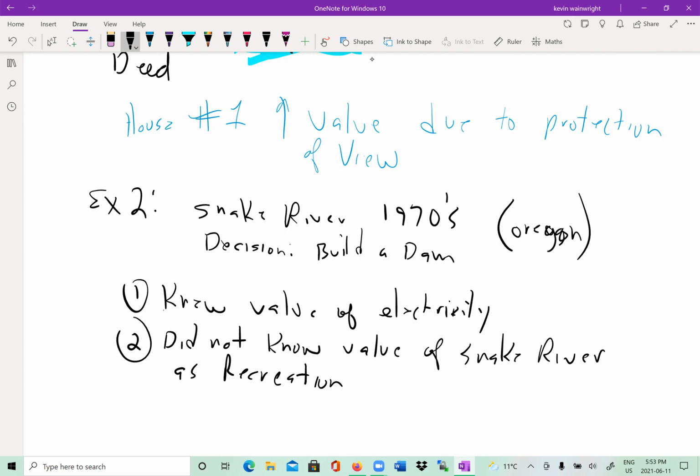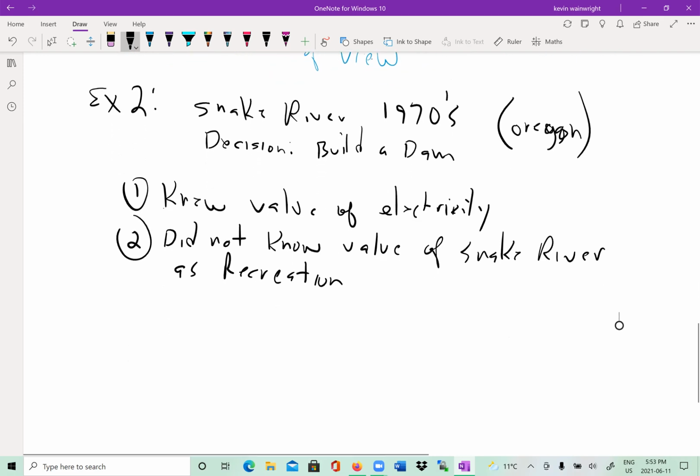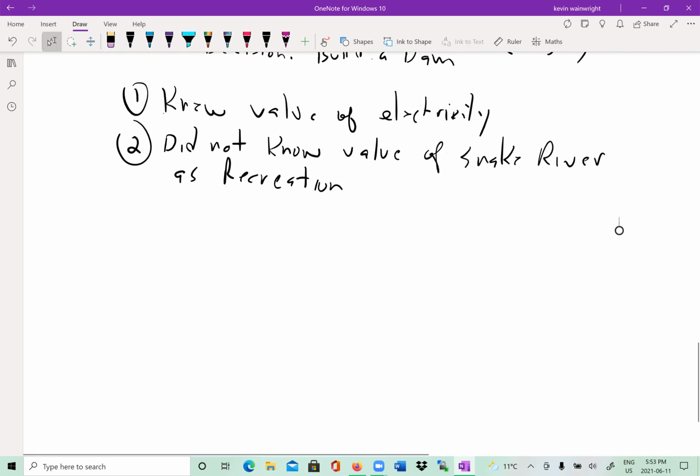Okay. So the economists were asked to come in and answer the question, is this Snake River better off as a dam or is it better off as recreational property?